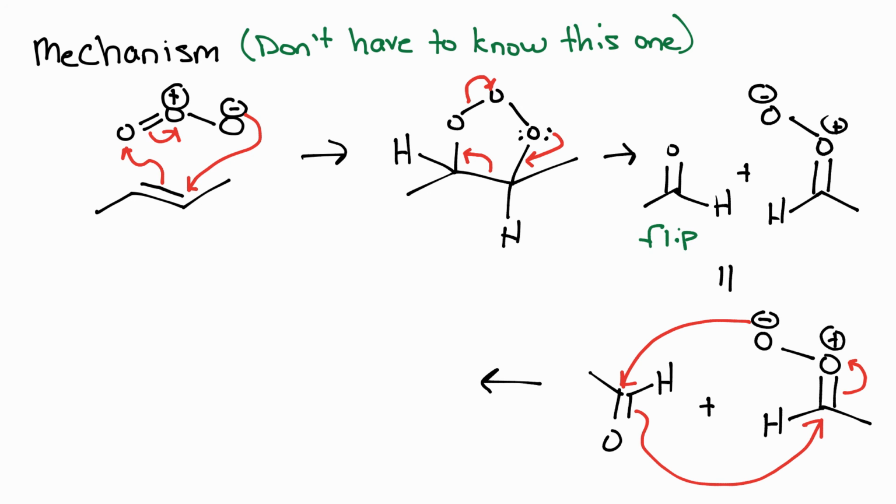So now when we draw all of this out, I'll start here. I have that oxygen, that one. Now I have a single bond. There's my carbon, hydrogen. Here I have this new bond to this oxygen.